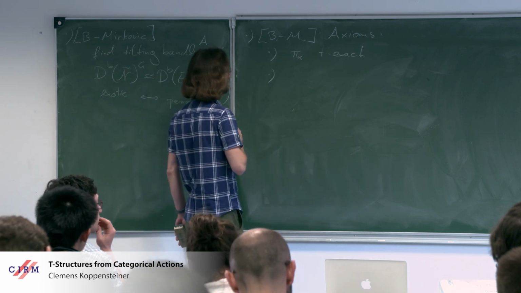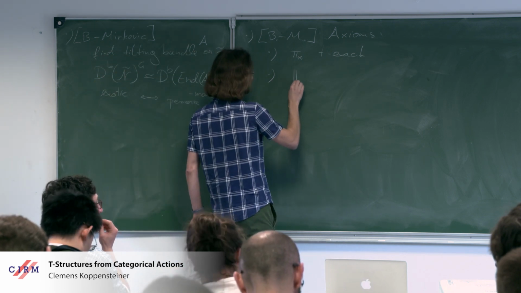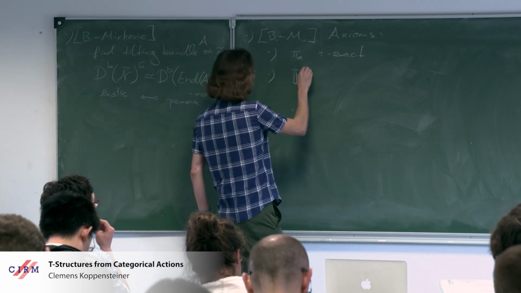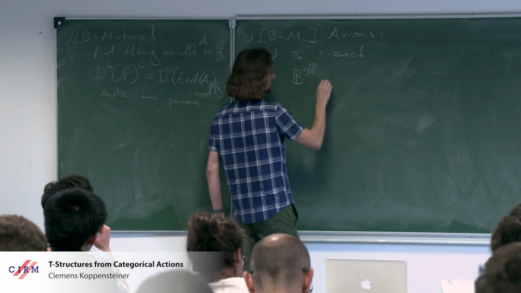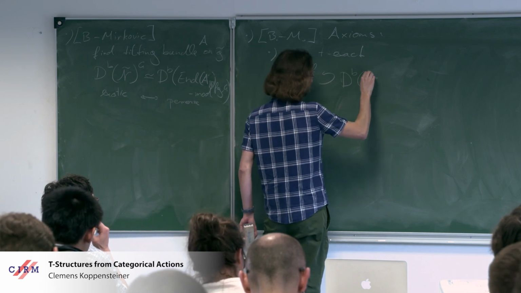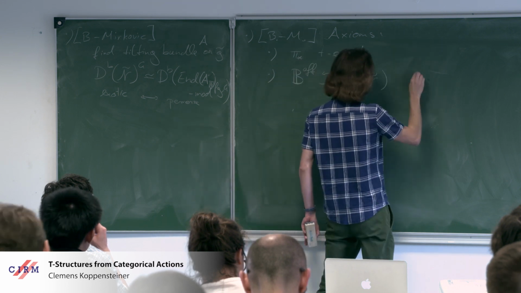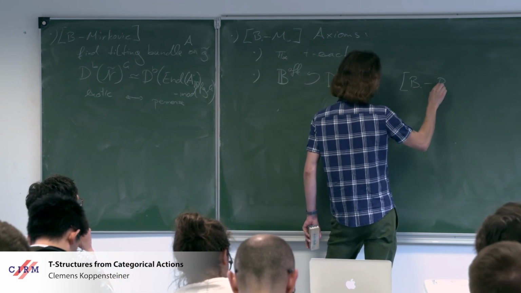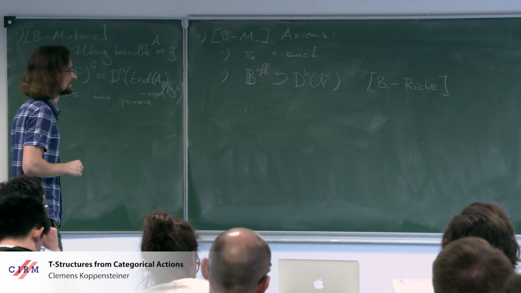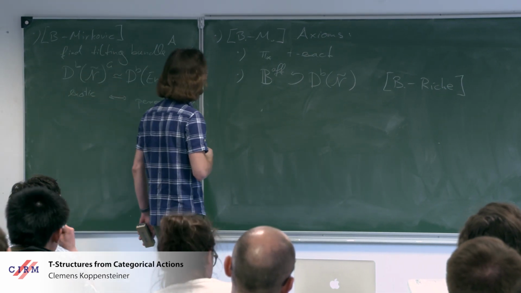The second thing is a bit mysterious. Bezrukavnikov and Mirkovic proved that there is an action of the affine braid group on this derived category. So that's again a deep theorem. It's not trivial where this comes from.